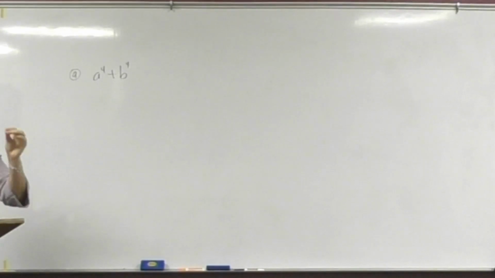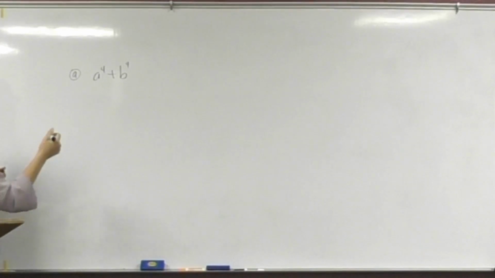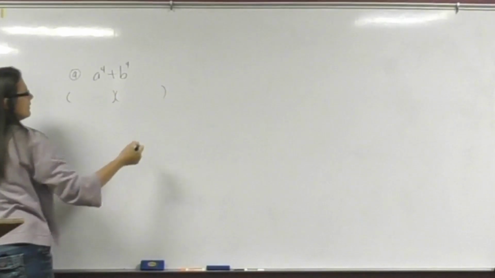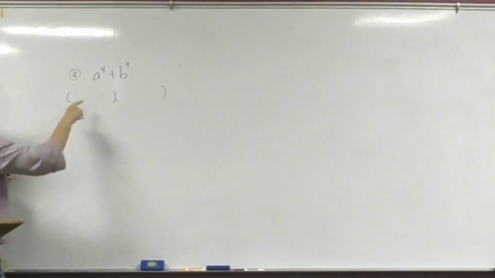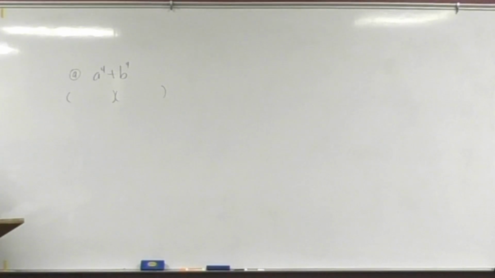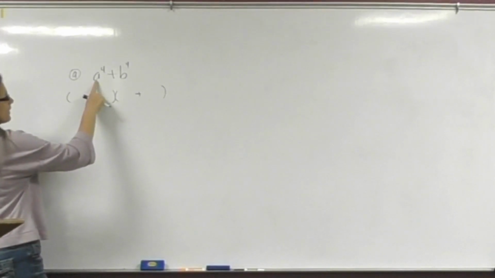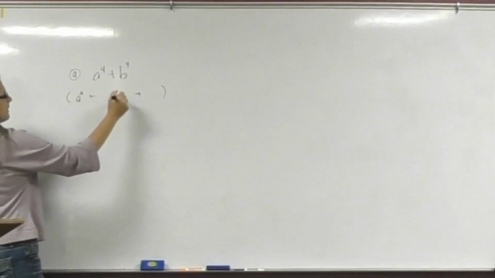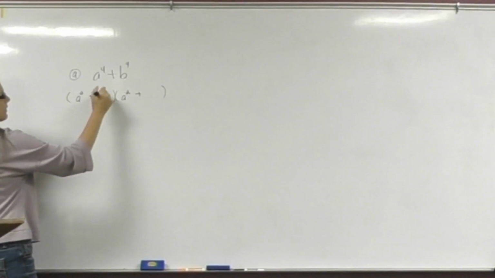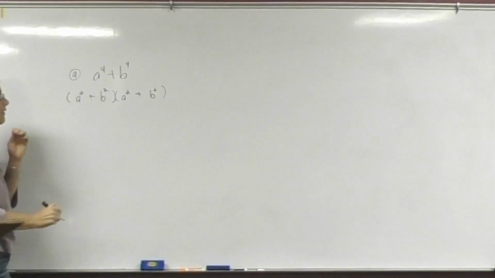If we tried to factor this, this sign right here tells me they would be the same, but there's not another sign to tell me what they would be, so we could just guess, which isn't smart. Maybe they're plus signs, I don't know, okay? And then if I were to square root this, these would be a squares. And if I were to square root this, I would have b squares, okay?